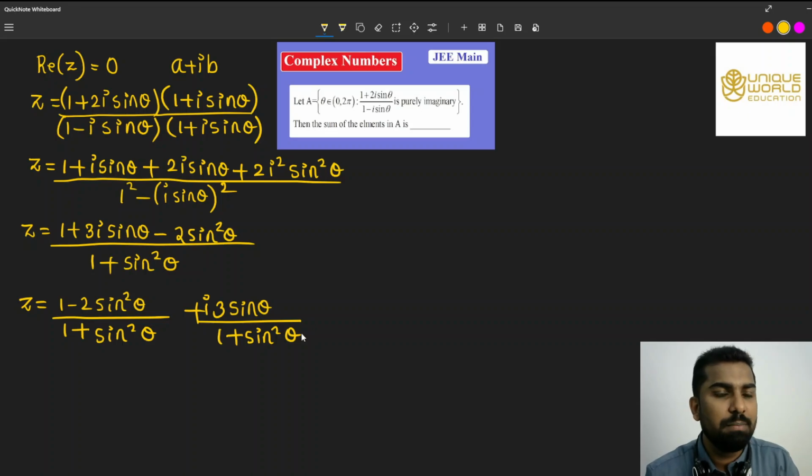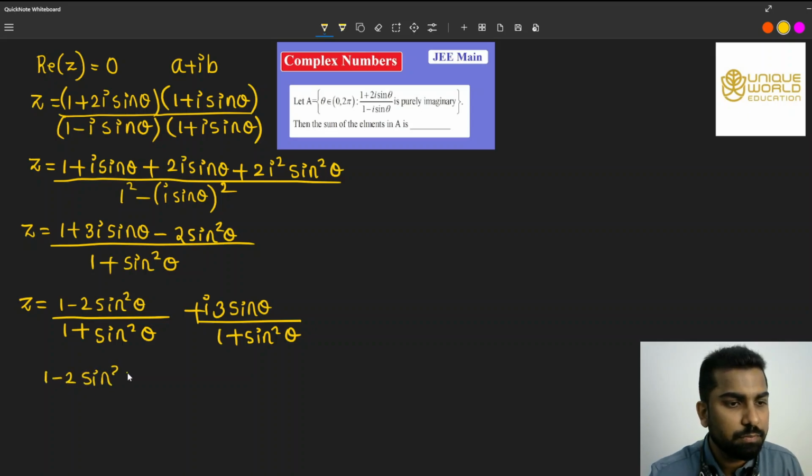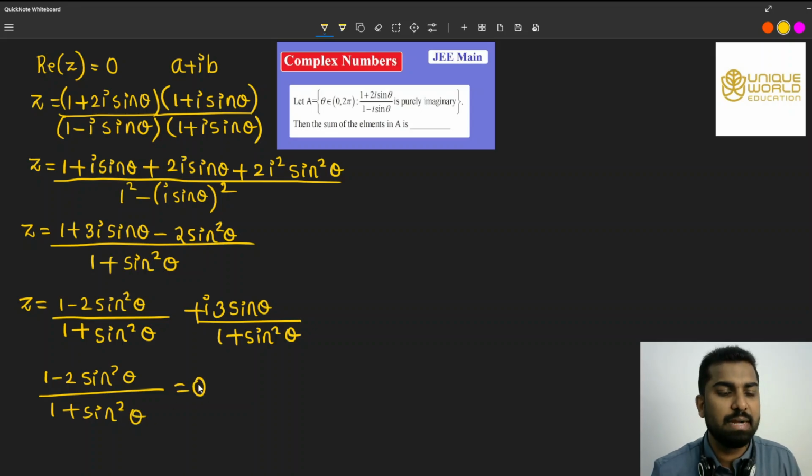Purely imaginary means, as I told in the initial stage, the real part, that is the a component, will become 0. So 1 minus 2 sin square theta divided by 1 plus sin square theta equals 0.